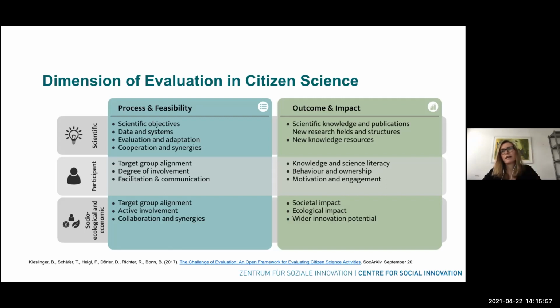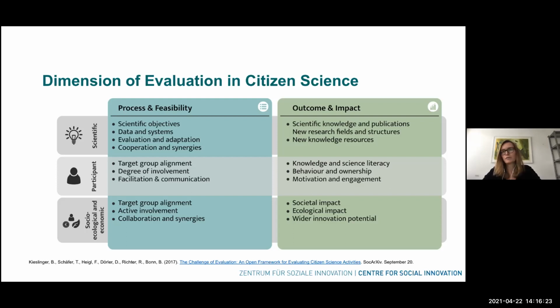There we divide it again into three different areas. The first is the scientific part: the scientific objectives of a citizen science project, and how the process is organized in terms of sharing data, cooperation and synergies, and what the outcomes are. The second is the participant side.